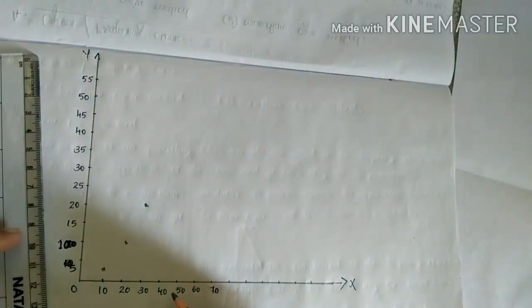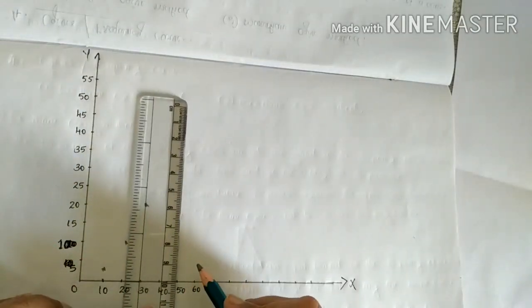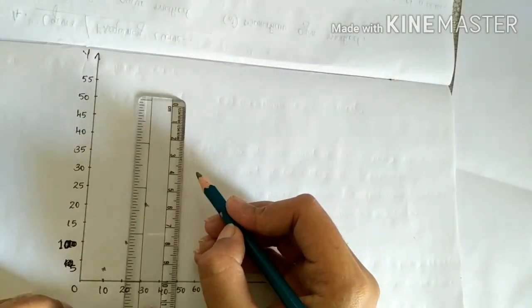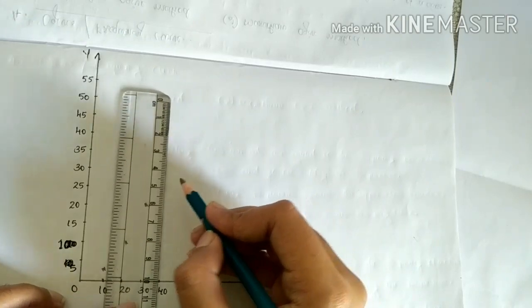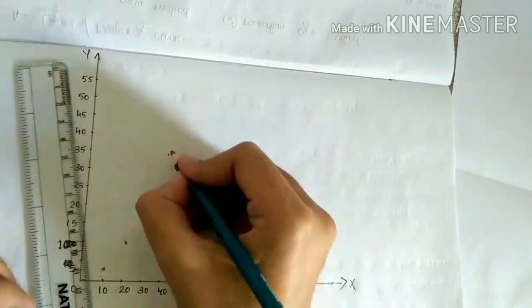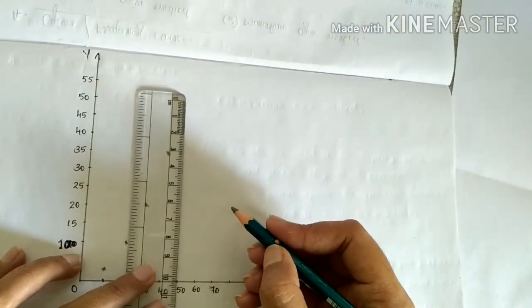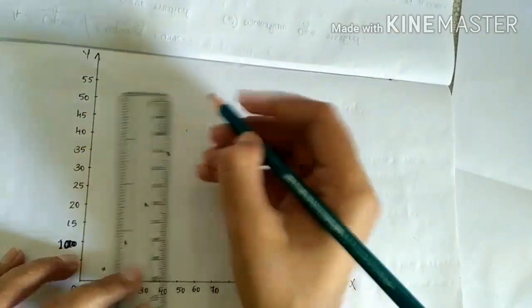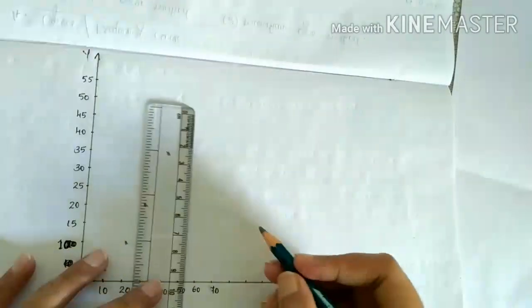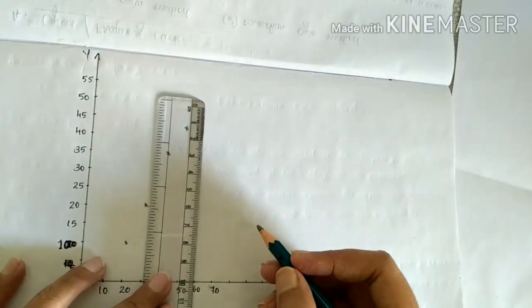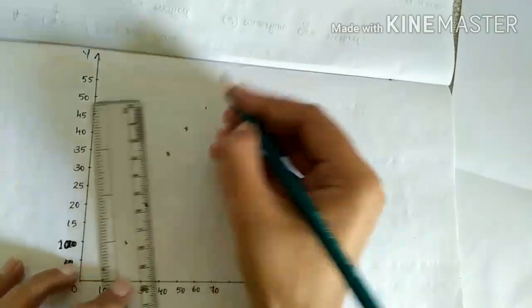And less than 40, the cumulative frequency is 35. So the 35 is here. And less than 50, the cumulative frequency is 43. And less than 60, the cumulative frequency is 50.